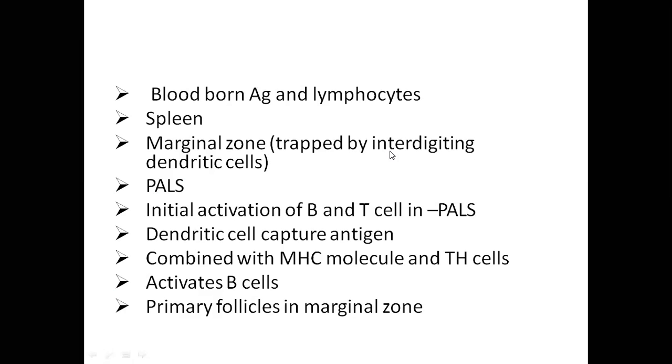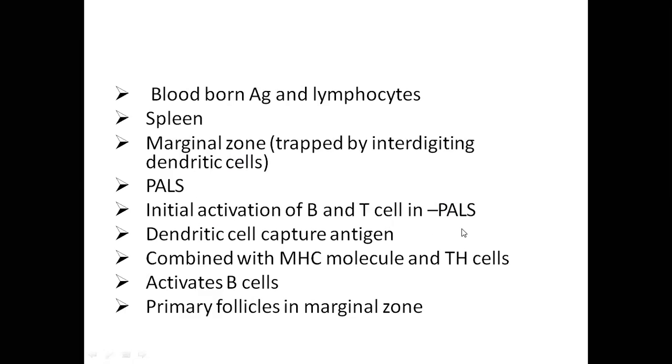They are trapped by interdigitating dendritic cells present in the marginal zone, bordering the PALS. Then this leads to the activation of the B and T cells in the PALS. In the PALS itself, the B and T cells get activated.